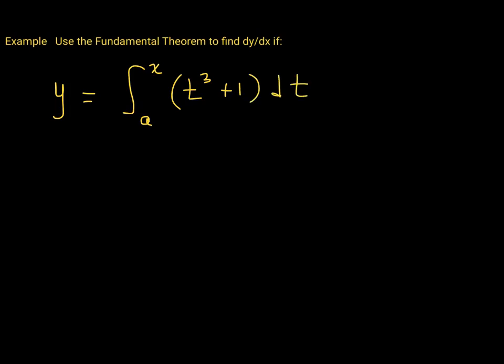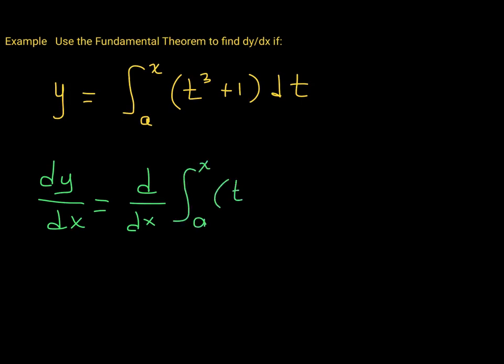All right, according to the fundamental theorem of calculus, dy dx, the derivative of y with respect to x, will be the derivative of the integral from a to x of t cubed plus 1 dt. And remember, the theorem says that this is equal to the function evaluated at this upper limit.